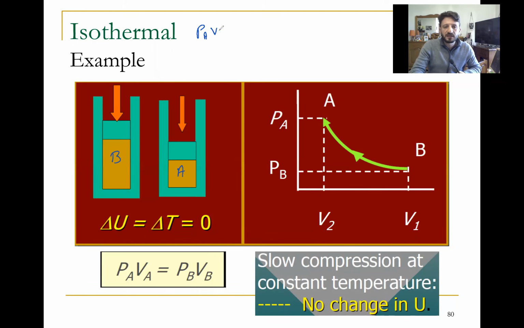We can say PA VA equals nR TA, and PB VB equals nR TB. We can divide, we have the same constant, and TA equals TB. We finally get PA VA equals PB VB. Okay?